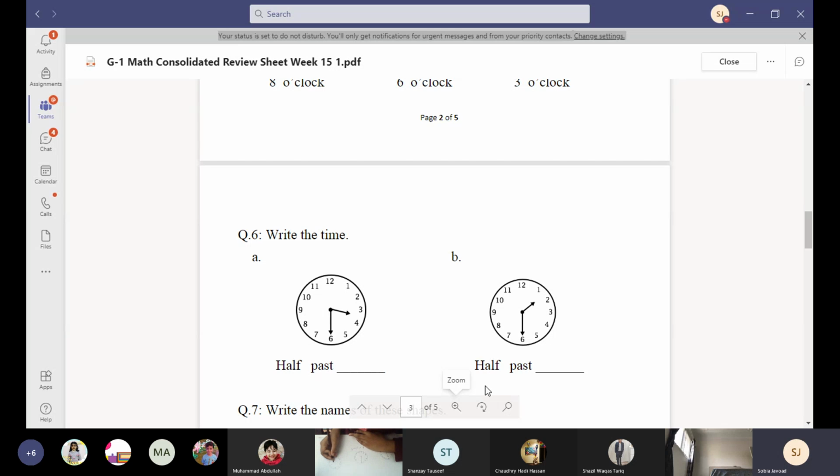Wonderful. And what about here? Insha, what is the time? Half past 1. Half past 1. See, the small hand is between 1 and 2. So this is half past 1, and here small hand is between 3 and 4. So this is half past 3.